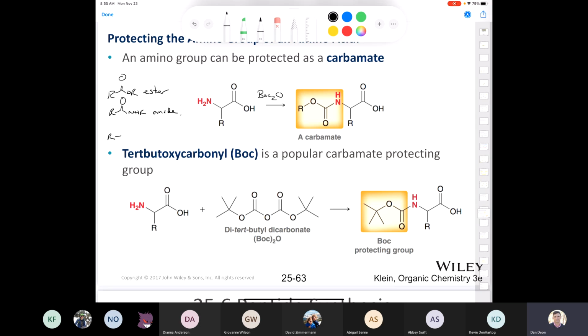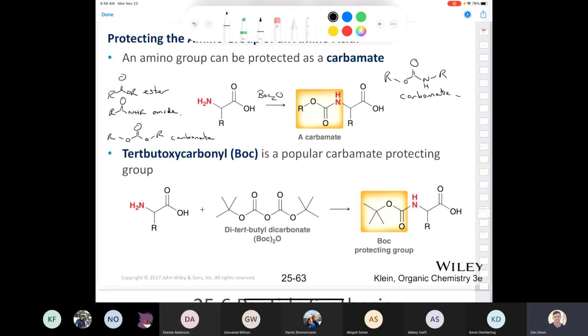If you have an oxygen like this, that's called a carbonate. And if you have an oxygen, carbonyl, and then a nitrogen like this, that's a carbamate. It's a new functional group you need to know.